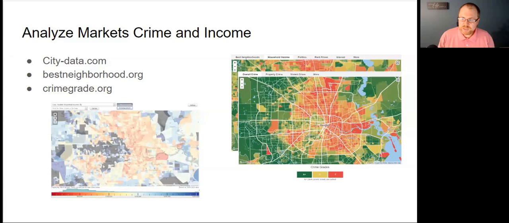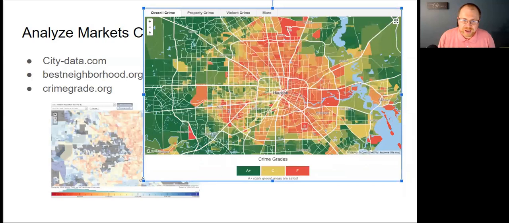Are we focusing solely on the submarket? A submarket, if you look here at Houston, any neighborhood, if you will, is a submarket. From a crime standpoint, I would certainly avoid anything in red, the deep red for sure. I would certainly consider something in the lighter shades and above. You have some pockets here, but after that it's going to be case by case.